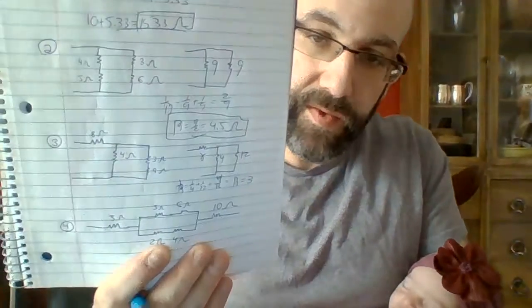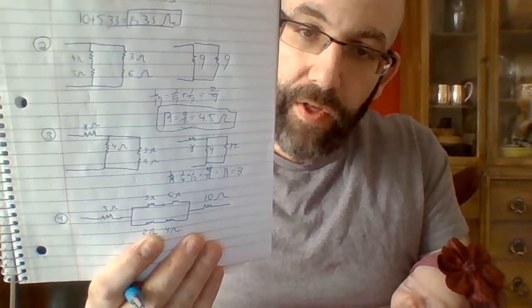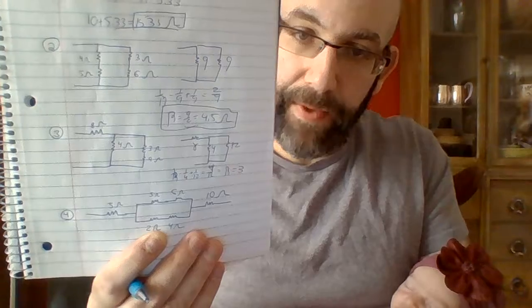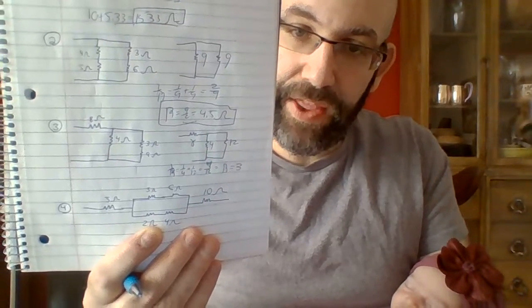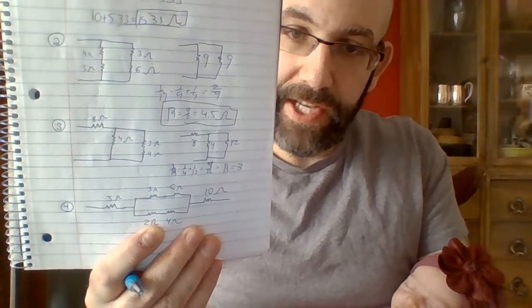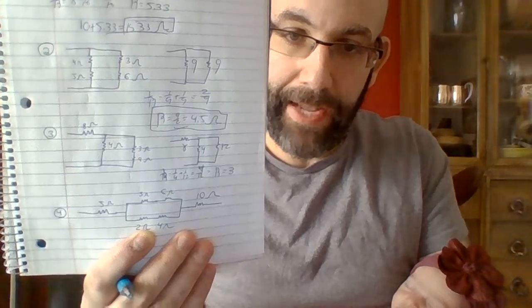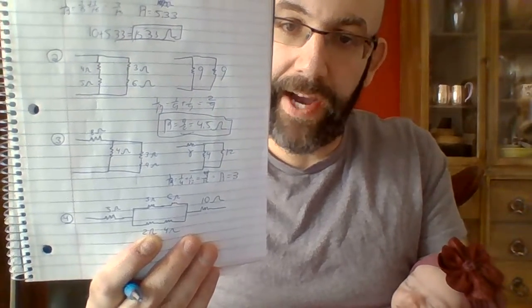Then we flip it upside down. R is 3, 12 over 4. So that 4 and 12 have disappeared and become a 3, and now the 8 and 3 are wired together in series, so the total resistance would be 8 plus 3. The final answer for this question is 11 ohms.